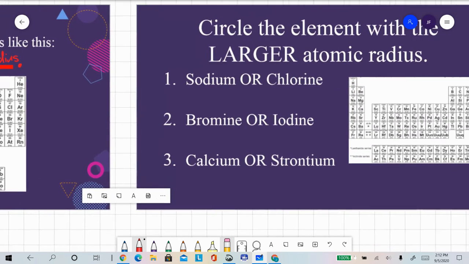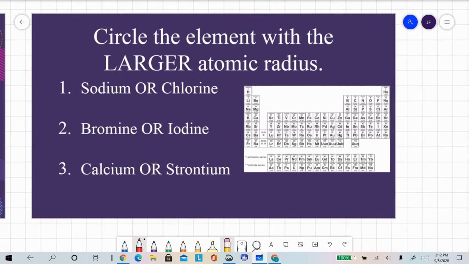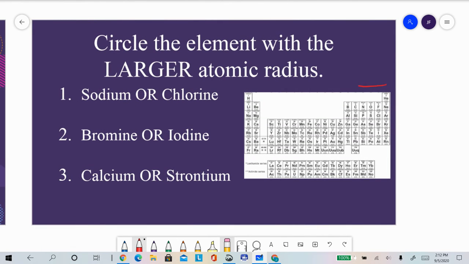So if I look at my examples, I know that going this way and going this way, they're increasing. If I compare sodium and chlorine, who has the larger atomic radius? Well, small over here to big over here, so sodium is going to have the larger atomic radius.